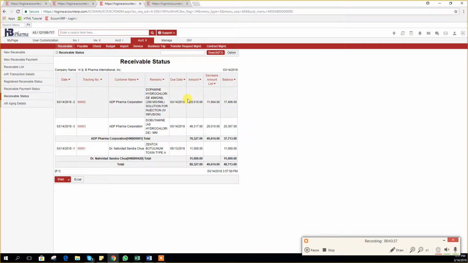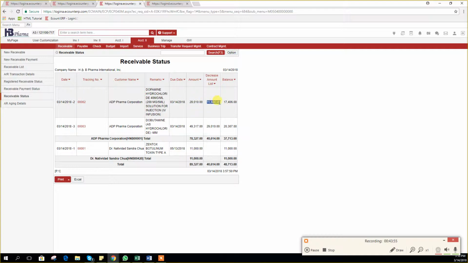So now you can see that for this invoice number, the due date is this, and the amount that we billed them is this.